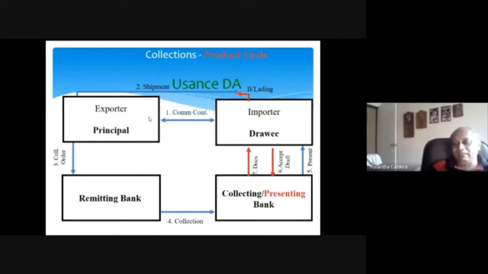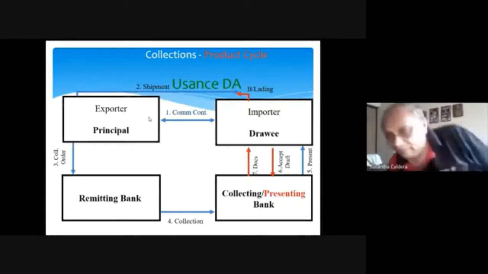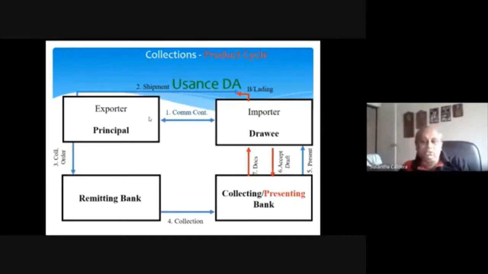Remitting bank won't check in detail, but they will send the collection order to the collecting or presenting bank. Once they receive that in the importer's country, they will present the documents, and the importer will accept the draft, a usance DA, can be 60 days or 90 days or 30 days DA.